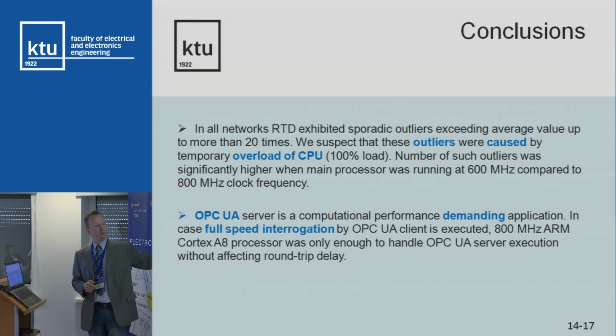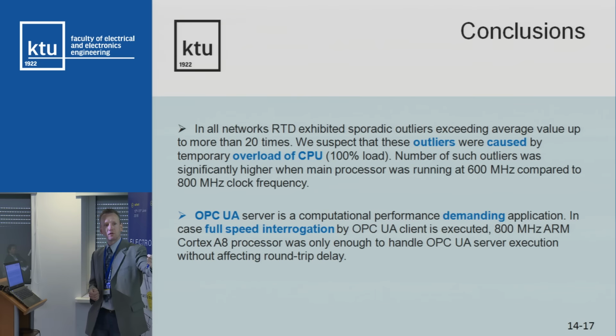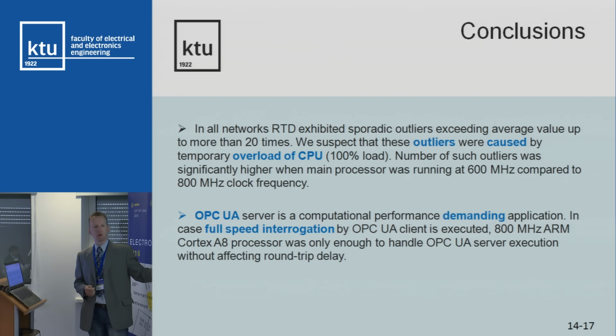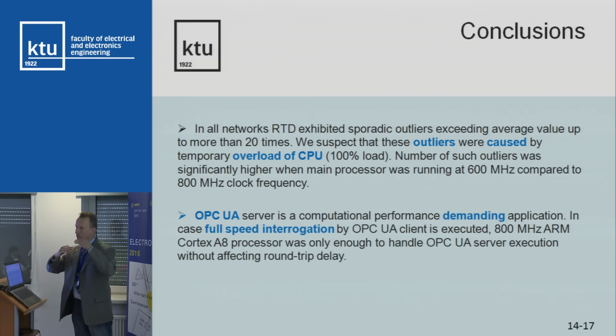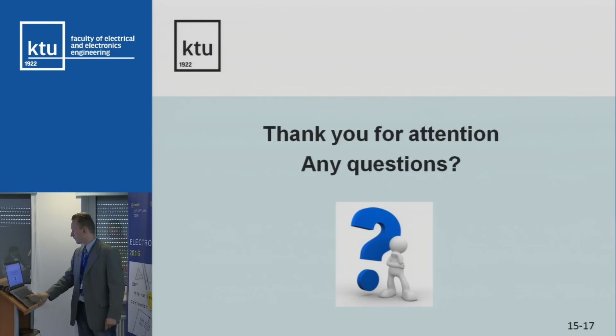Finally, to conclude, the OPCUA server is a computationally demanding application, and with full speed interrogation by the client, an 800 megahertz ARM Cortex-A processor was just enough to handle server execution without affecting round-trip delay. So this was on the limits of the hardware capabilities.